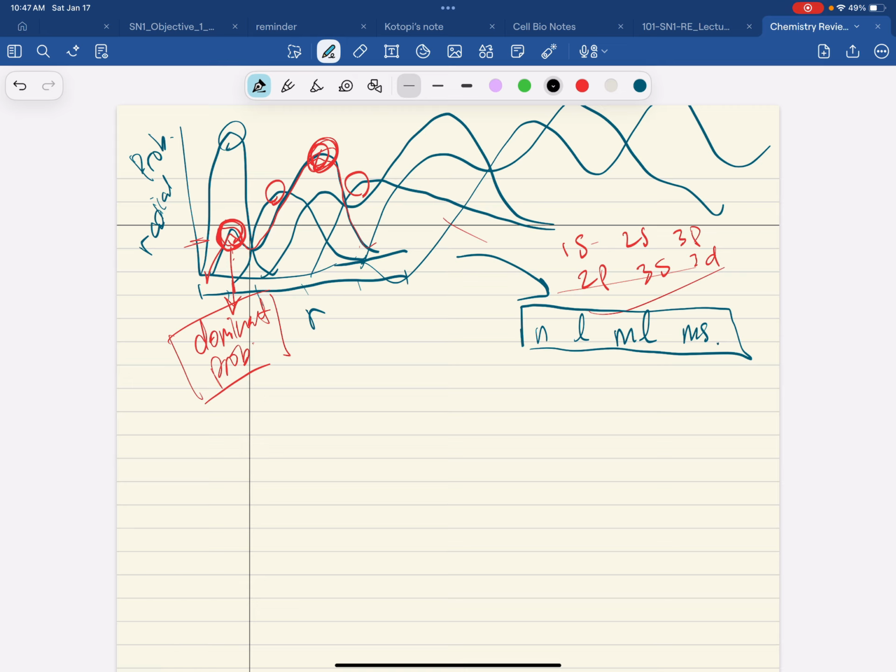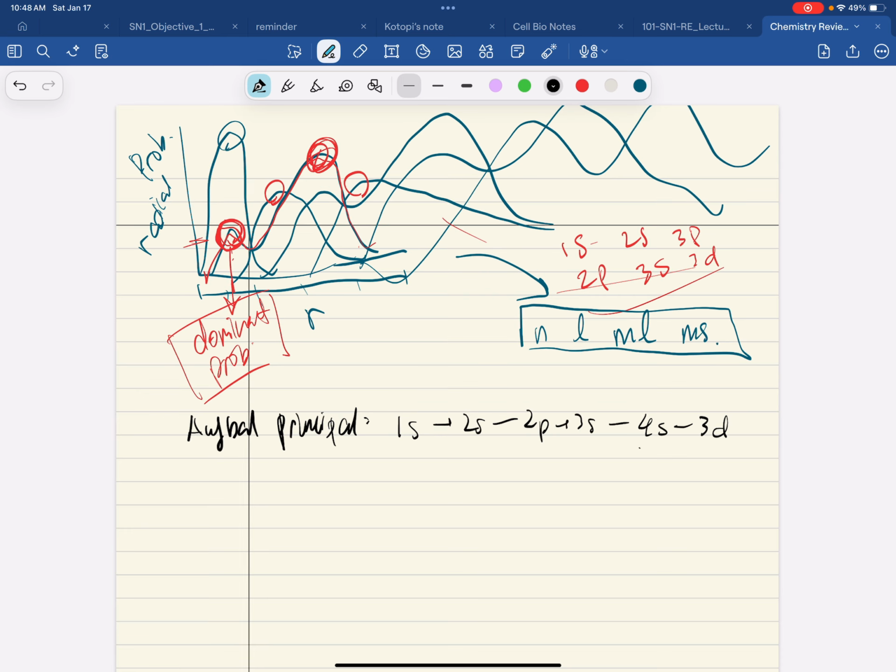A few principles to know. The first one is the Aufbau principle. The Aufbau principle determines the configuration of the next orbital that is going to be filled. So the order is 1s, 2s, 2p, 3s, and then 3p, 4s, 3d, and realize that 4s comes after 3p and before 3d.